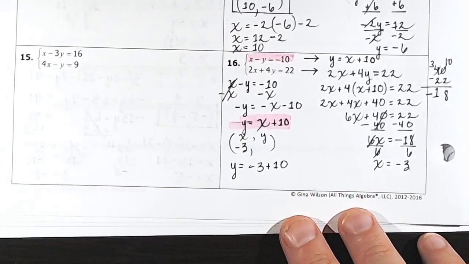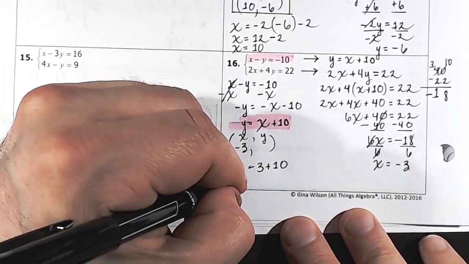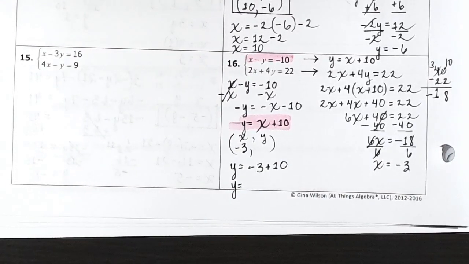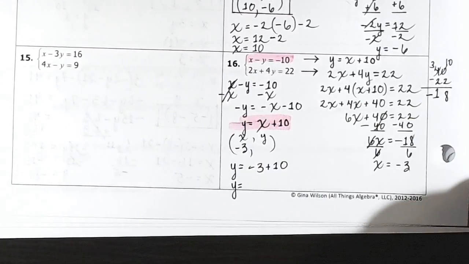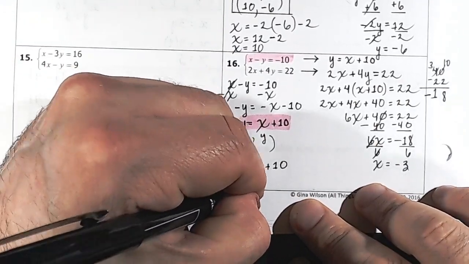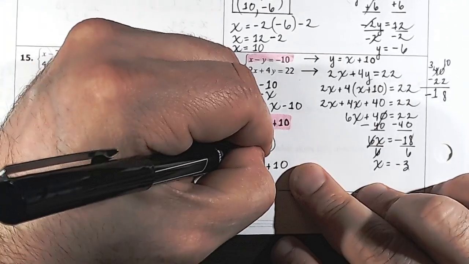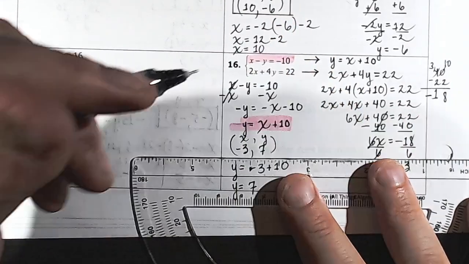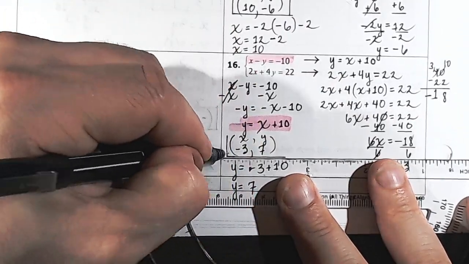Y equals negative 3 plus 10. So y equals whatever negative 3 plus 10 is. That's the same thing as 10 minus 3. So that means y equals 7. If you were to graph these, they would cross at negative 3, 7 on a coordinate plane. There it is.